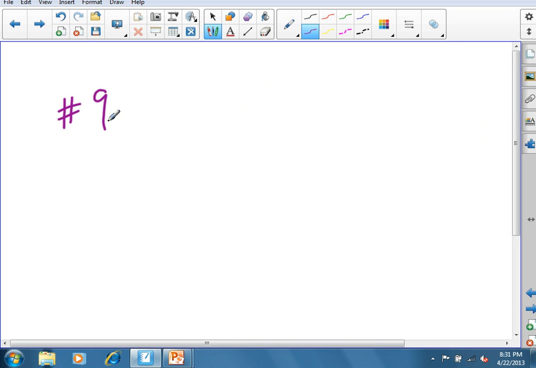Problem 9. We're doing so well. Estimate the value of the standard deviation rounded to the nearest tenth of an inch of a normal distribution. Mu is 81.2 and Q3 is 94.7.